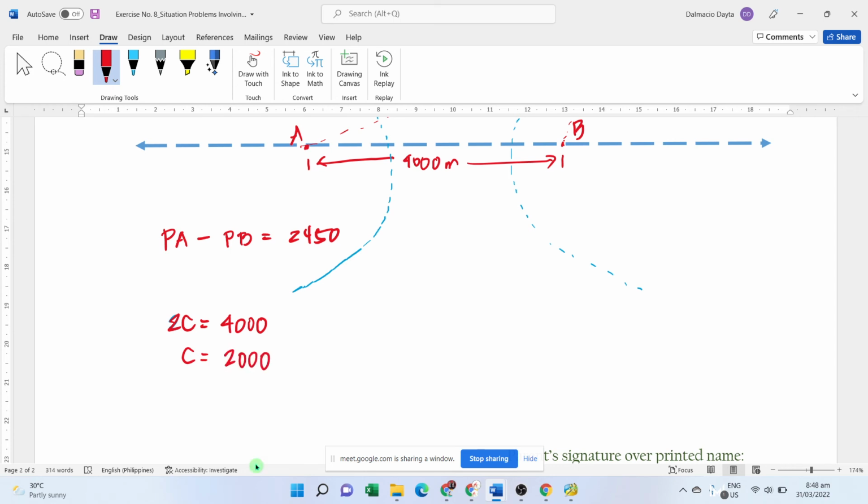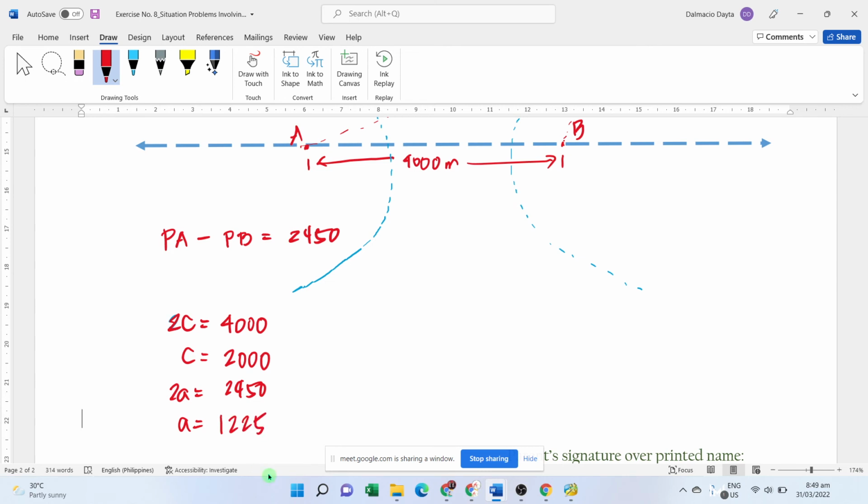And since the difference between the distances from the point of explosion to the stations is a constant, then 2A must be equal to 2,450. So A is equal to 2,450 divided by 2, which is 1,225.